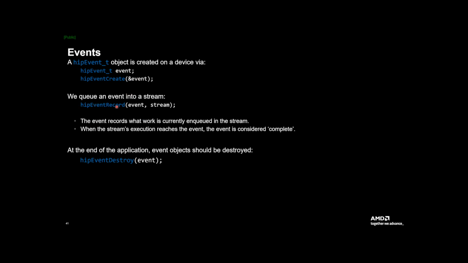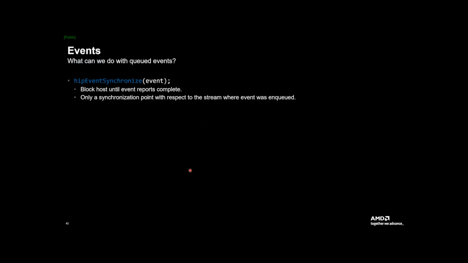When you do hipEventRecord with event and stream, the event records what work is currently enqueued in the stream. When the stream execution reaches the event, it is considered complete, and we destroy it with hipEventDestroy. And there is also hipEventSynchronize, which blocks the host until the event reports complete.